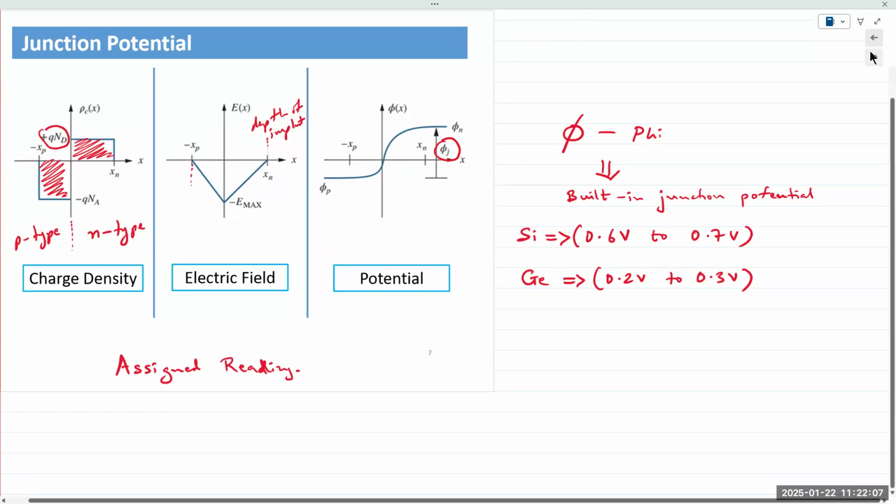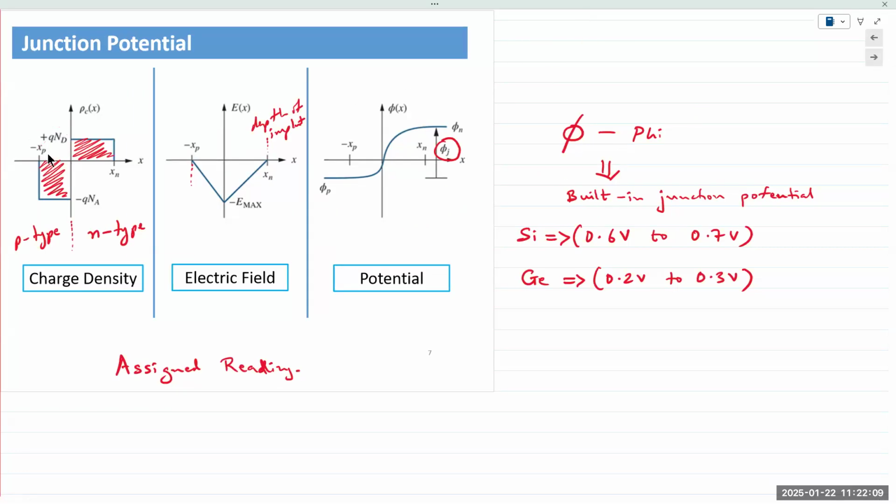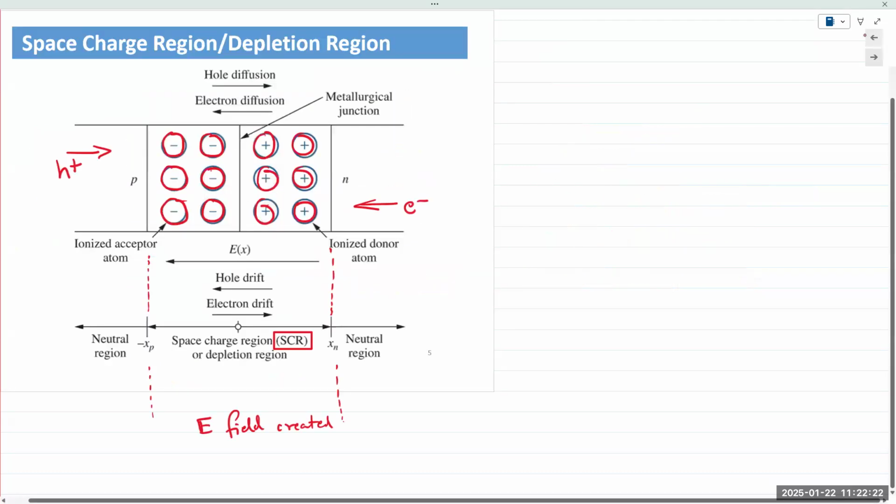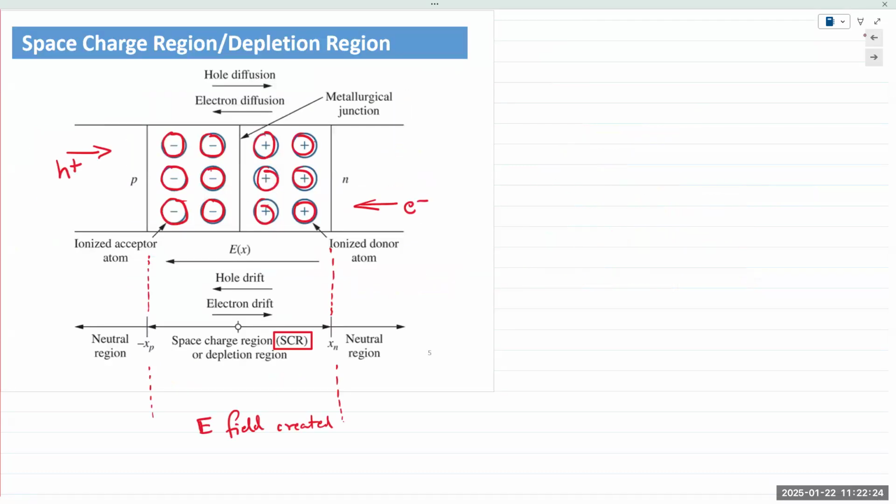Let me summarize. The question being asked is, if in the N-type material majority carriers are electrons, why are we showing a positive for N side and negative for P side? It's because the space charge region creates positive ionized atoms on the N side and negative on the P side. And so it's summarizing the space charge region because that's where the electric field comes from.